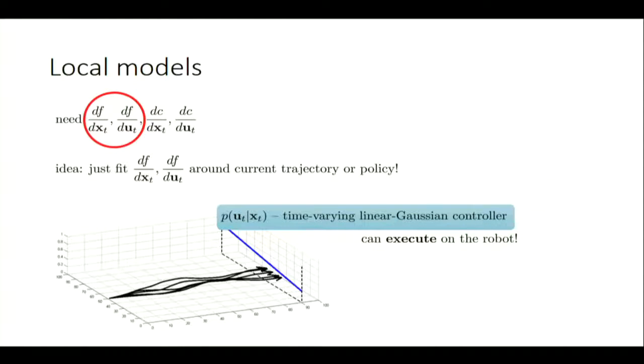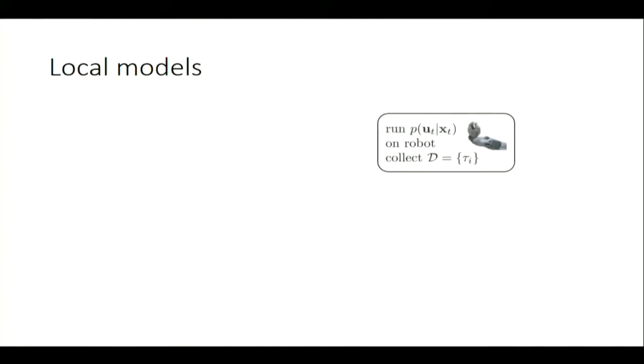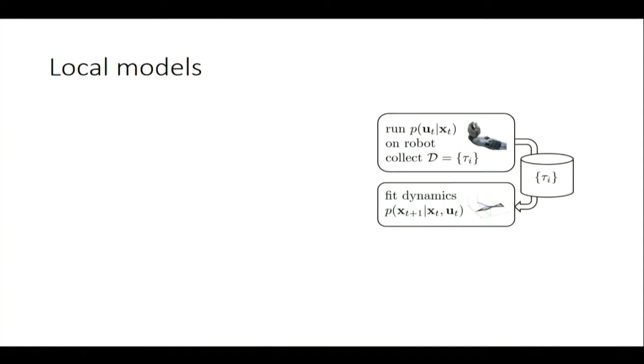But if we have this kind of controller, just a different linear policy at every time step, we can execute it on the robot, get a bunch of trajectories, and then we can just fit the dynamics. So we execute our controller on the robot, we get a data set of trajectories. Those trajectories consist of states and actions. At every time step, we're going to fit a different, very simple linear dynamics model. I'll get more into this in a second.